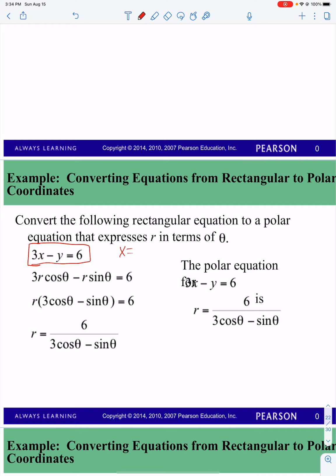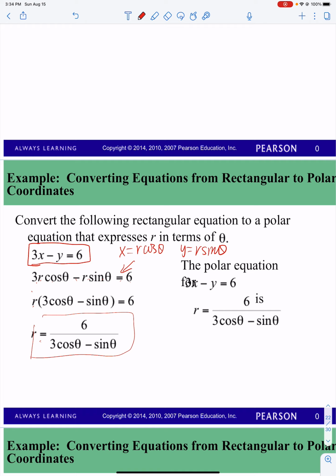Your x is r cosine theta, and y is r sine theta. Substitute. What will you get? 3r cosine theta minus r sine theta. And what will you do? You factor r out because r is common. Then you get this, so you make it r equal to something. That is the final form.